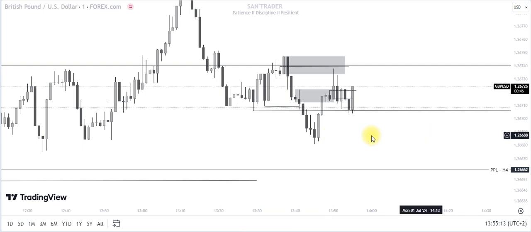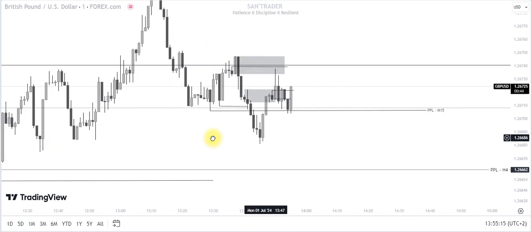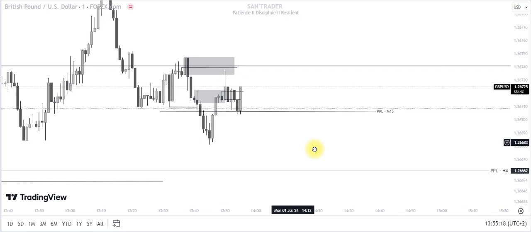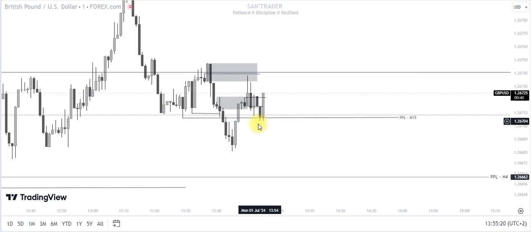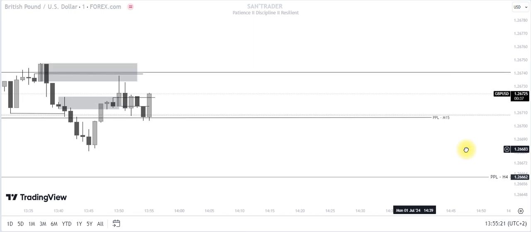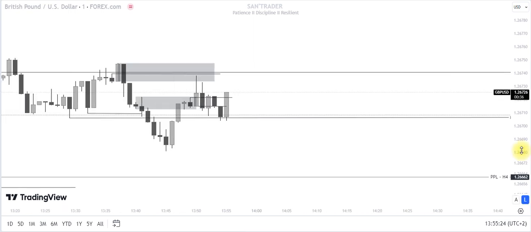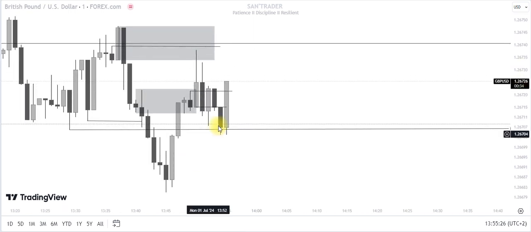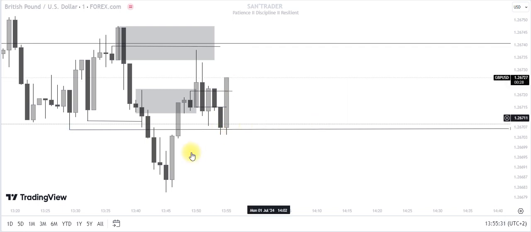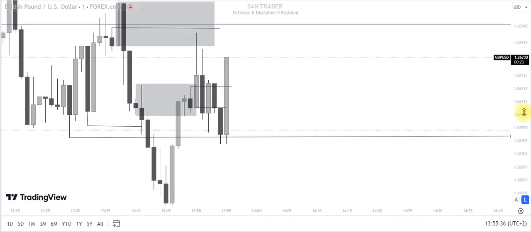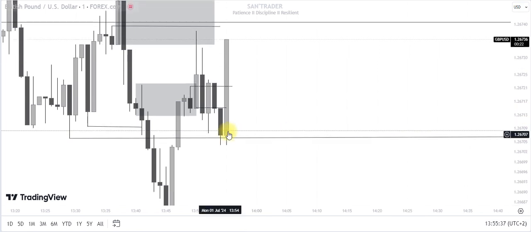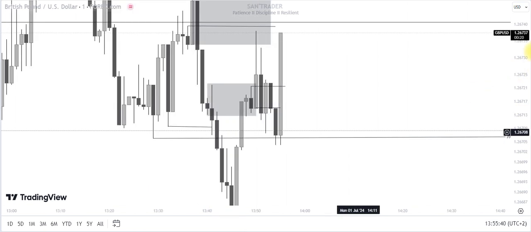Okay, so remember this, our M15 PPL, you see we came to this level and then they went up. So just imagine if this M15 was a higher time frame, this move on its own, it's a decent move.